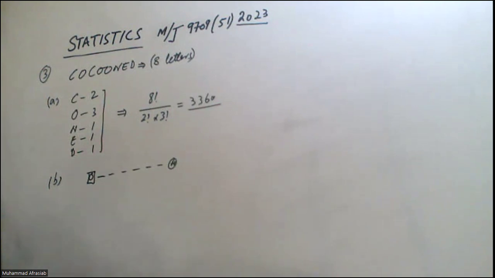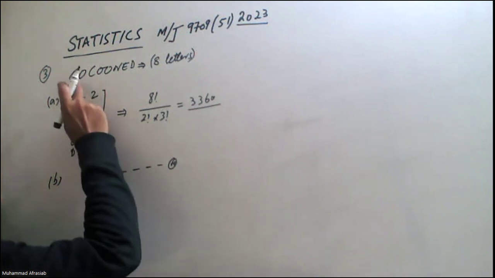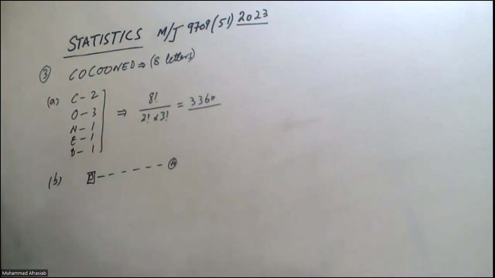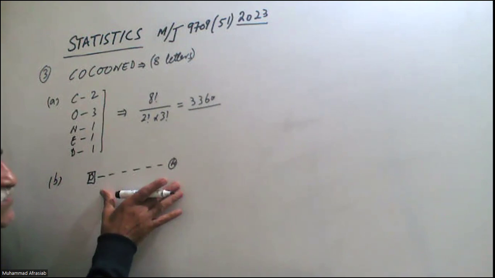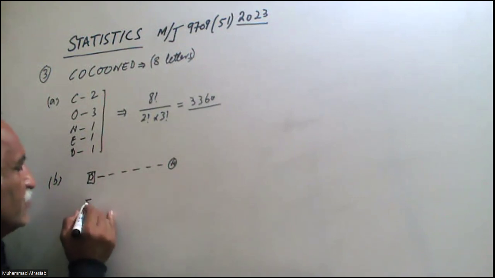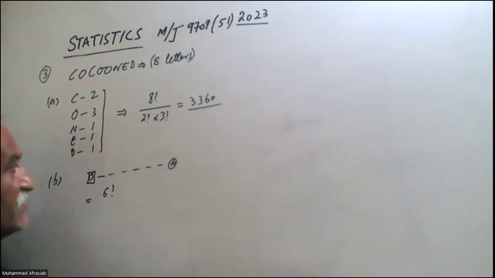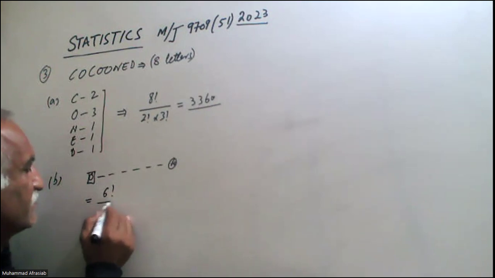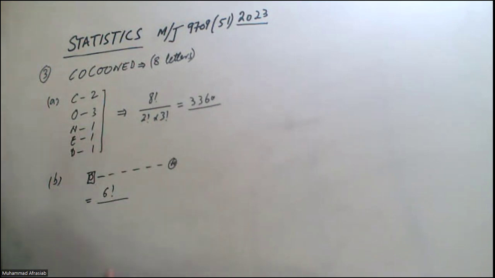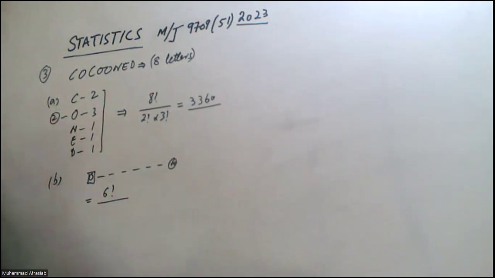So basically these two letters are fixed in this part, and the word is coconut. So it means for these two letters there is no option. So left letters are 6. So it should be equal to 6 factorial, or 6P6. Divided by, because one O is not there, so there are 2 O's left, and N is already there.